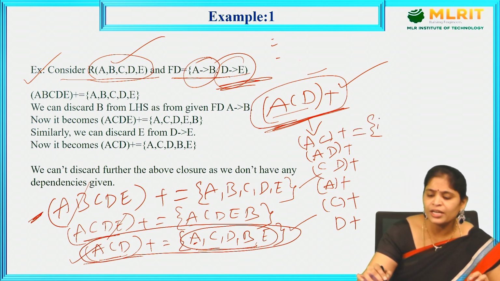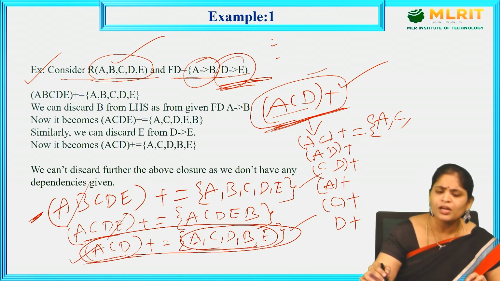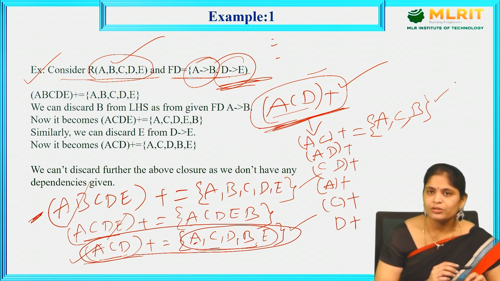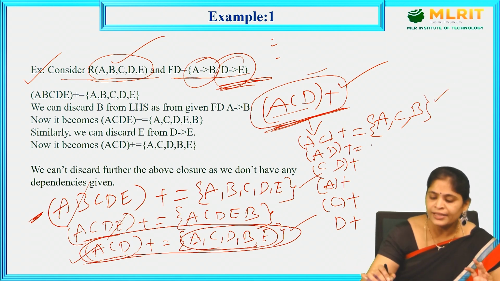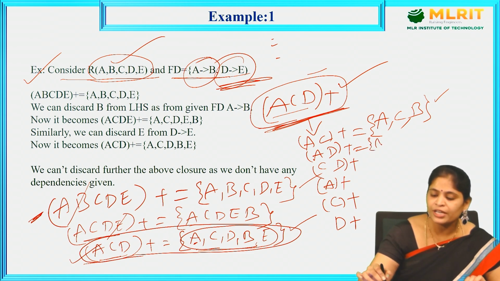AC means we include A and C, and whatever attributes are derived by these two. A derives B. C derives anything? No. So this is the closure. In the same manner, I need to derive AD plus. AD means I include A and D, and A derives B. D derives E.